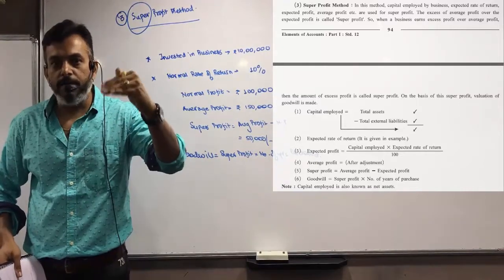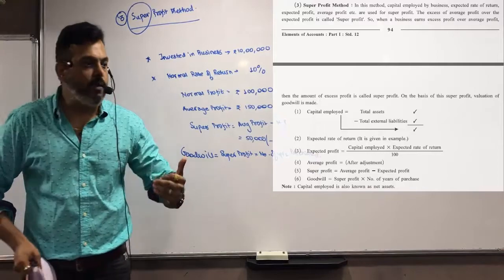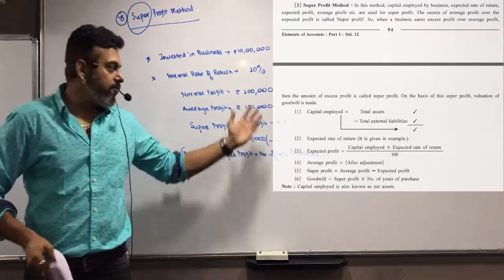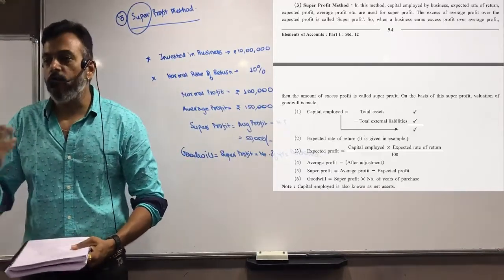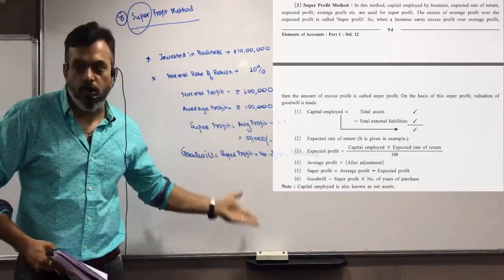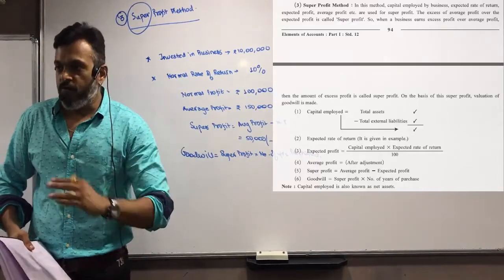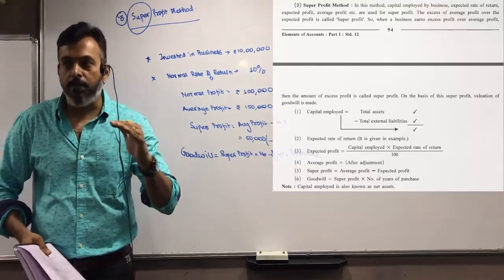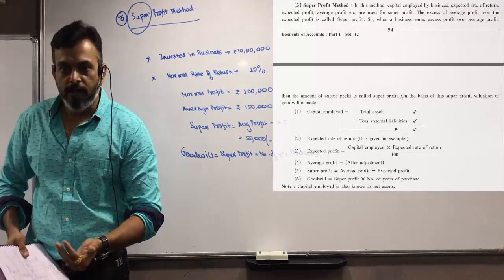In fact, your image in the market is down or it's extremely competitive, so your image has not been built yet. Understood? Then the question of goodwill does not arise. Then what you are earning is even below normal. So why should someone pay you for goodwill? If you are selling your business and you are not earning as per the market and the industry, then why should anyone pay you extra for goodwill?